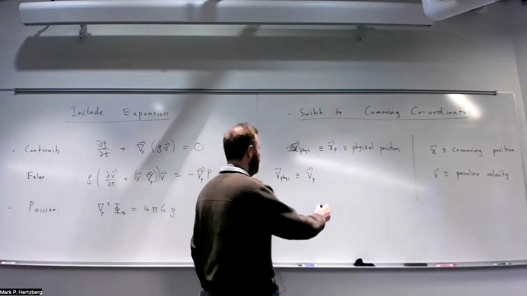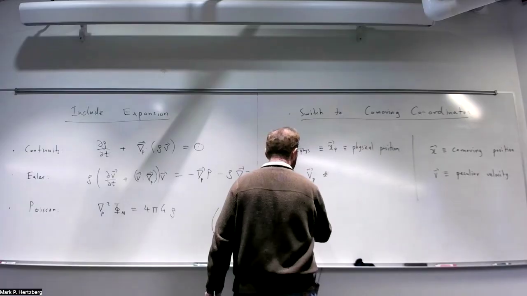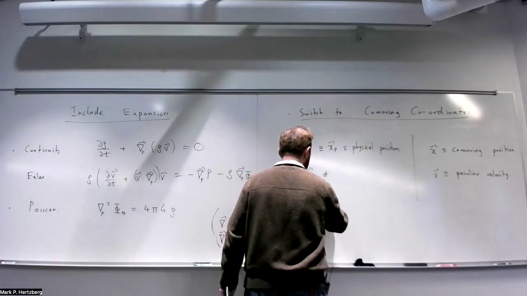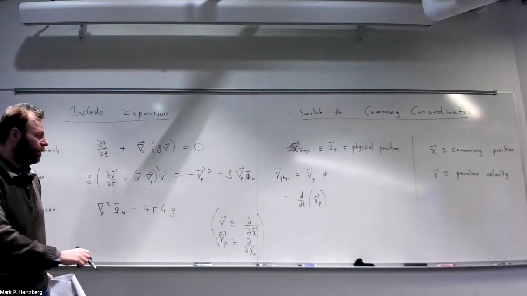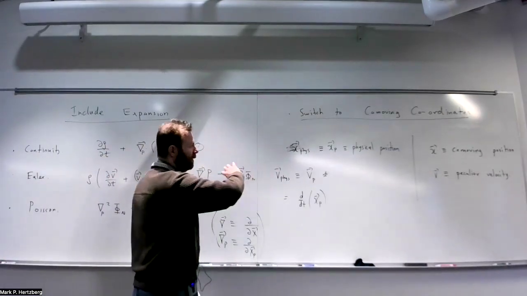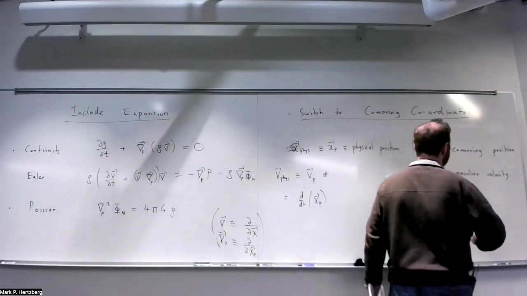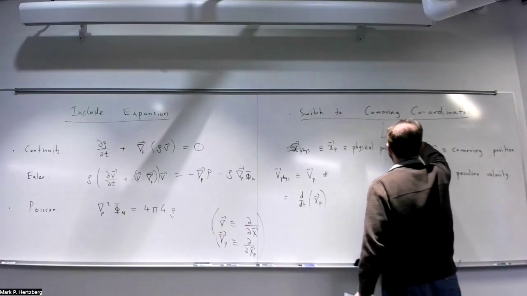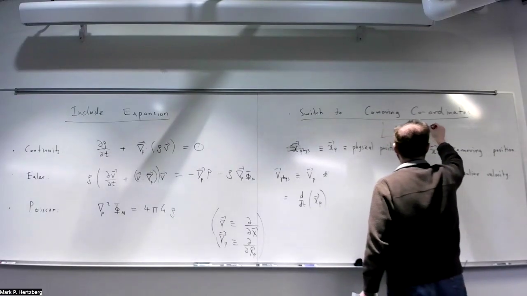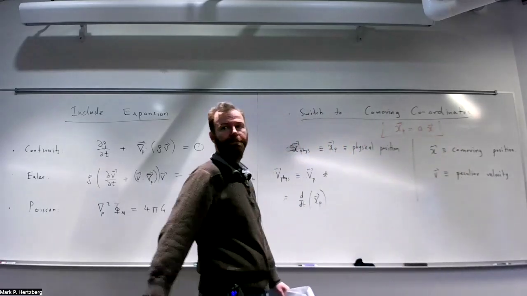The physical velocity means d/dt of x physical, nothing too fancy. And then the only thing we need to remember is the relationship between physical and co-moving, right? So we need to remember x physical is a x, as we've said many times.